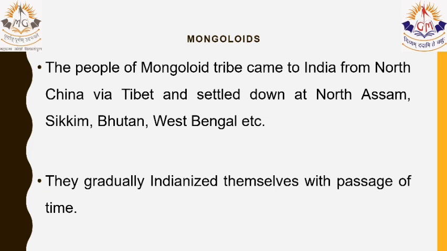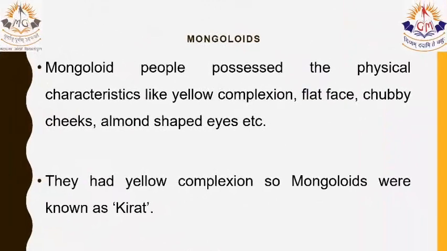So these tribes which came from Mongolia came and settled down in the parts of North Assam, Sikkim, Bhutan, West Bengal, etc. They gradually Indianized themselves with passage of time. That means slowly they settled over. When they settled over here, they mixed with the Indians, the tribes that were already living in India at that time, and they found a very good mixture of culture.